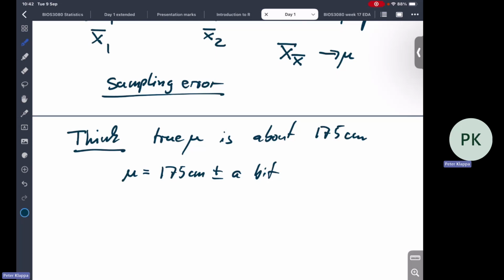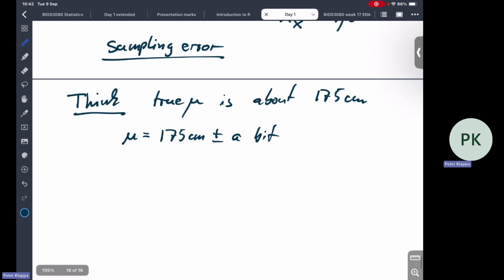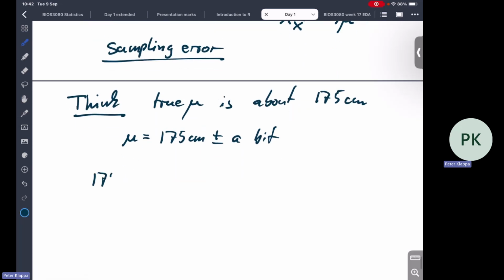So instead of saying that the true population mean is exactly 175 centimeters, we can say it is between 175 minus a bit and 175 plus a bit. Somewhere in between.